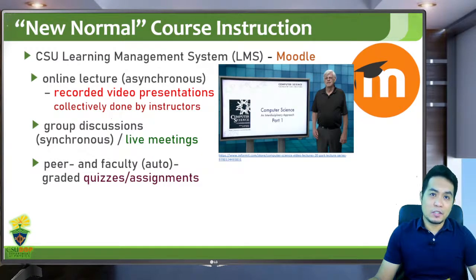There are times that you will be the one grading your classmates' works, assignments, or quizzes, but most of the time it will be me, faculty graded, and most of those times it will also be automatically graded. Meaning after you take the quiz, you will automatically get a grade.